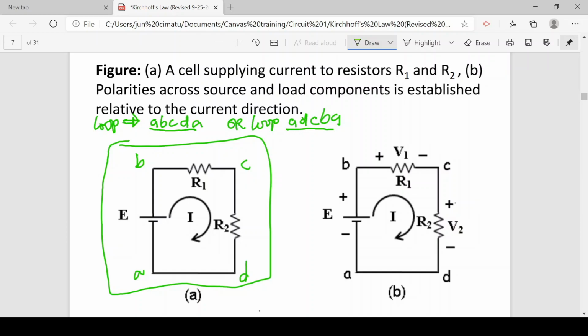Let us consider a clockwise direction of the loop and apply Kirchhoff's voltage law.